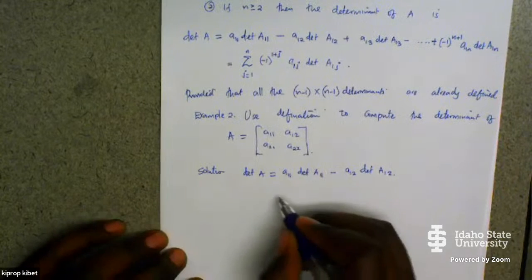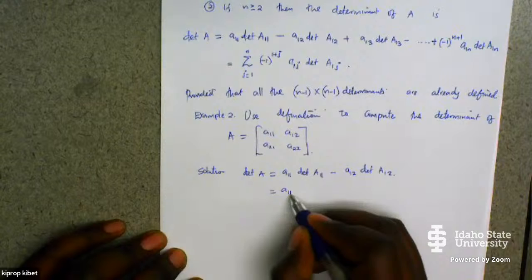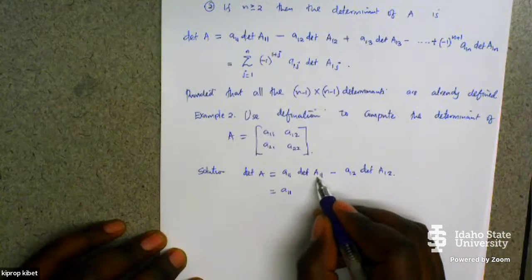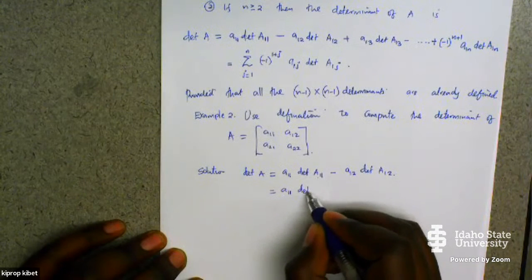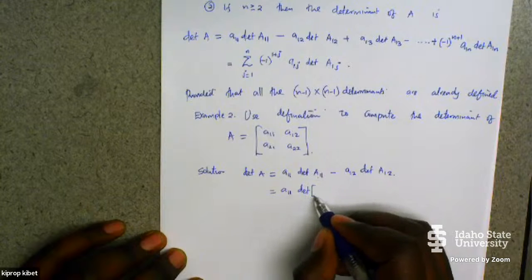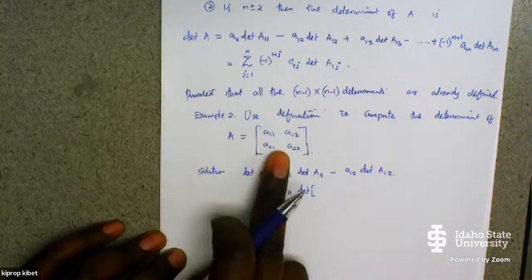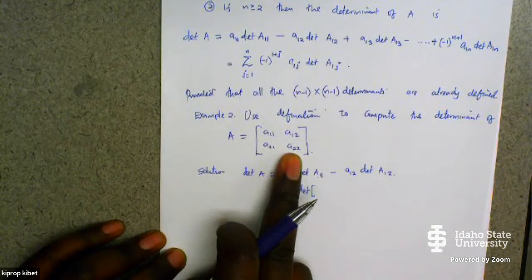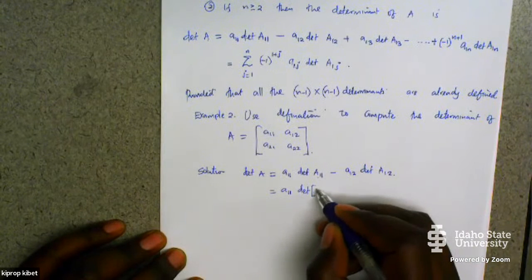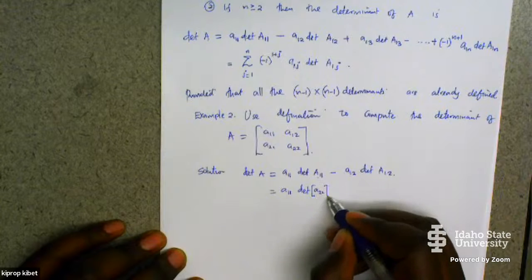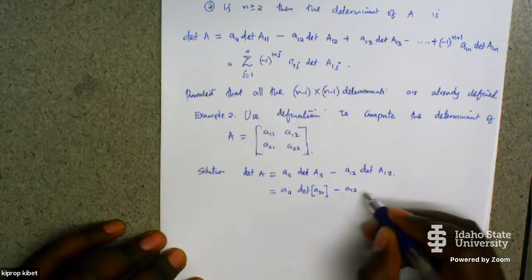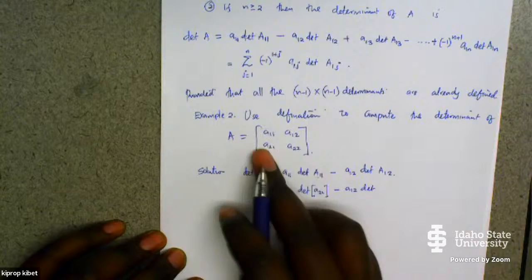Then this is A11 times determinant of A22, which is just A22, minus A12 times determinant of A21, which is just A21.